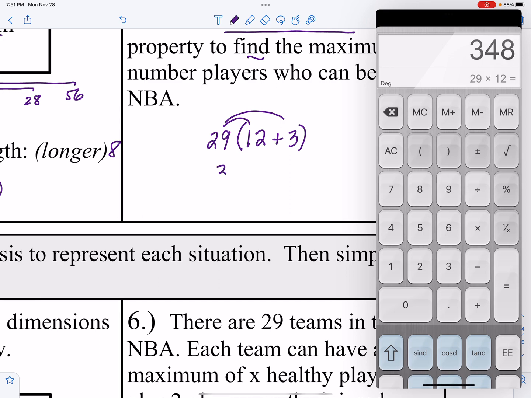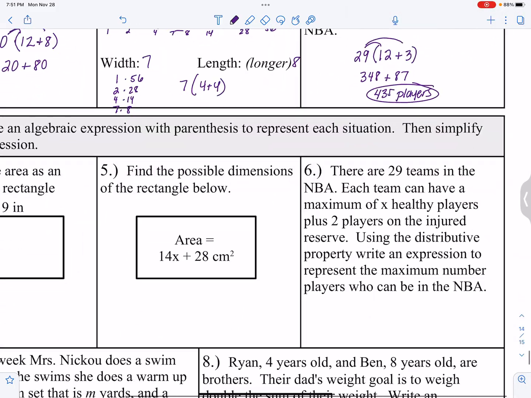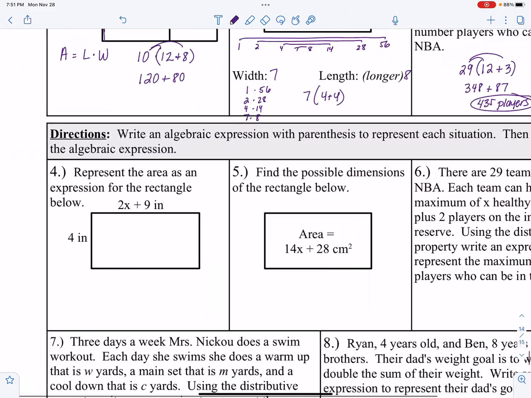So we have 348 plus 29 times 3 is 87. We can join those together now, and we get a total of 435 players could be in the entire NBA. Okay. All right, let's look at our next situations here.